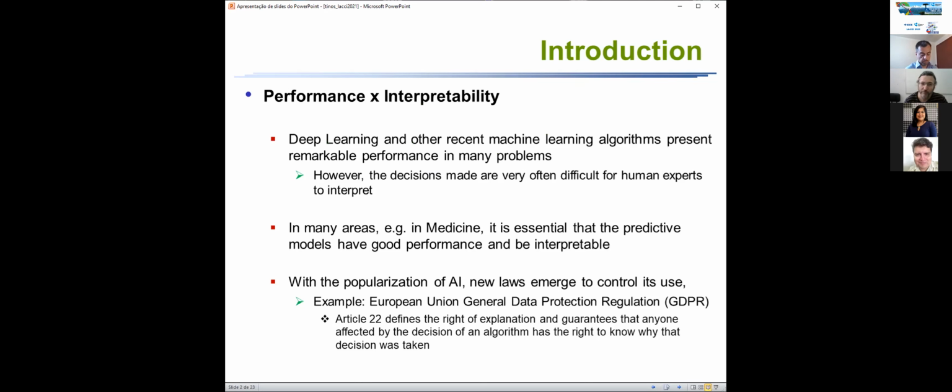And the other problem is that today we have some laws, for example, in the European Union, that control the use of artificial intelligence and give the customer the guarantee of explanation. The customer has the right to know why a decision was made by the algorithm.